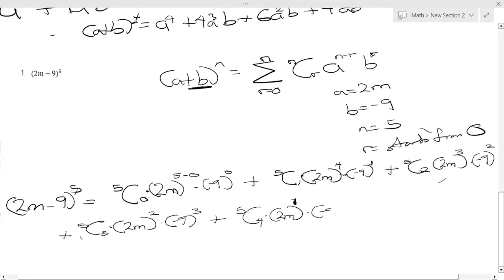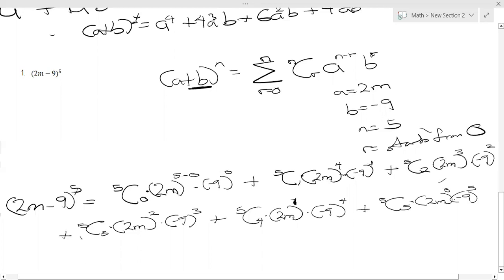Now it's minus 9 raised to the power 4. Plus what I'm left with, 5c5 dot 2m raised to the power 0, because that's 5 minus 5, dot minus 9 to the power 5.